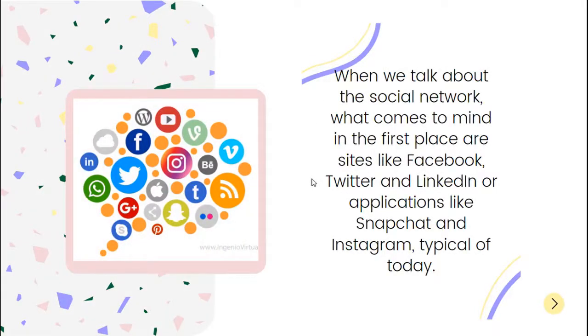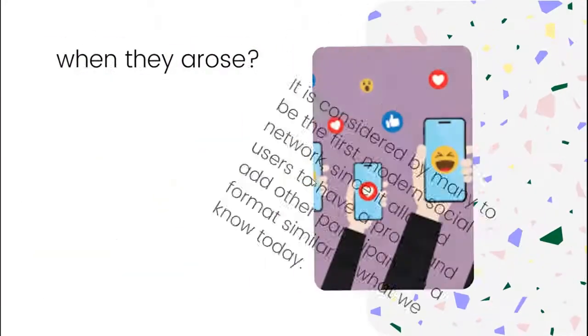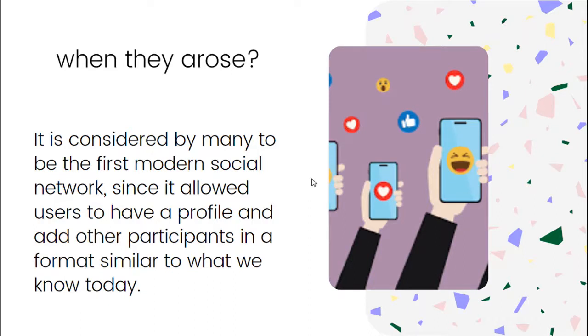When we talk about social networks, what comes to mind first are sites like Facebook, Twitter, and LinkedIn, or applications like Snapchat and Instagram, typical of today. When they arose, they were considered by many to be the first modern social networks, since they allowed users to have a profile and add other participants in a format similar to what we know today.